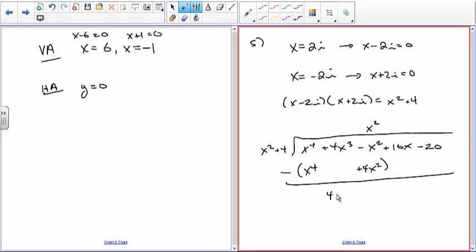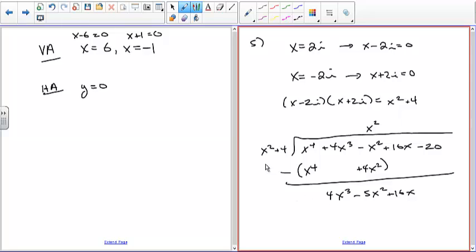We'll bring this down, 4x cubed, because there's no term here. So you have this minus 0. Here I have negative 1 minus 4, so you get negative 5x squared, and plus 16x. Now the reason I'm bringing this down is because I have a quadratic term, a linear term, and a constant term.